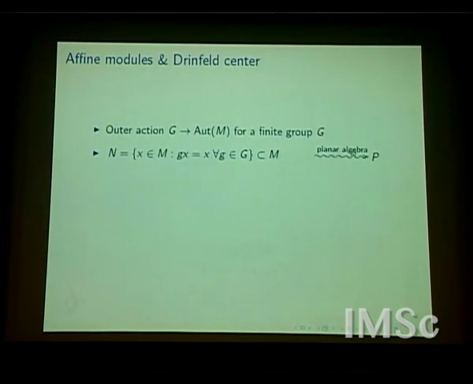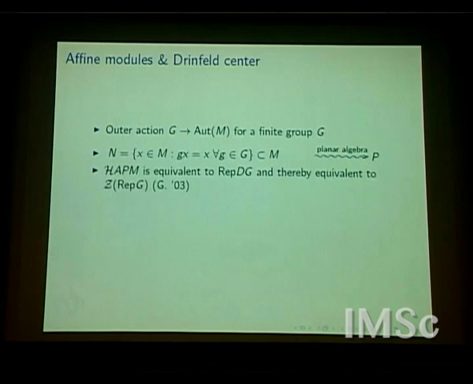And from this, if you take the planar algebra P and then you take the representation category of this planar algebra, like affine Hilbert affine P modules on this planar algebra, then what in my thesis I have shown is this is equivalent to the representation category of the quantum double. Okay.